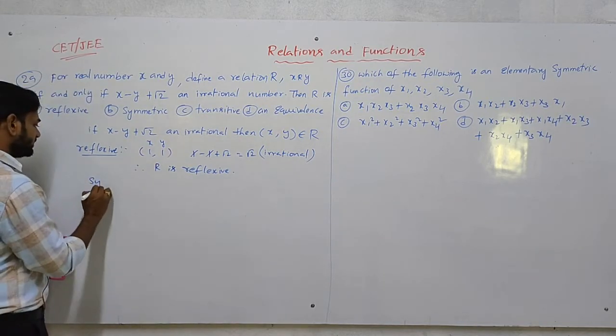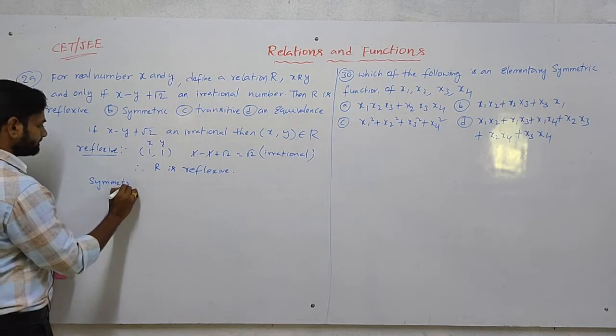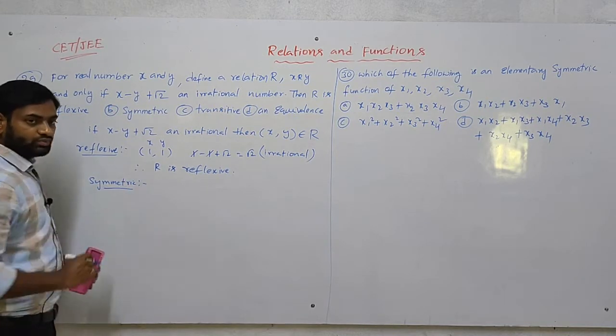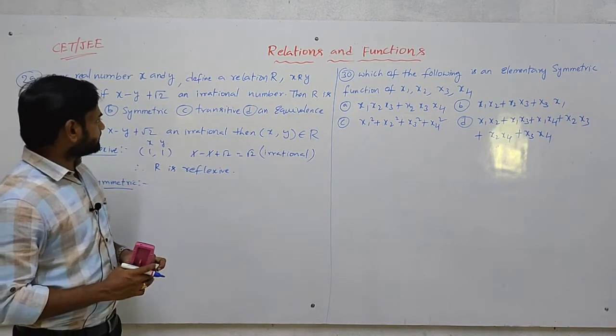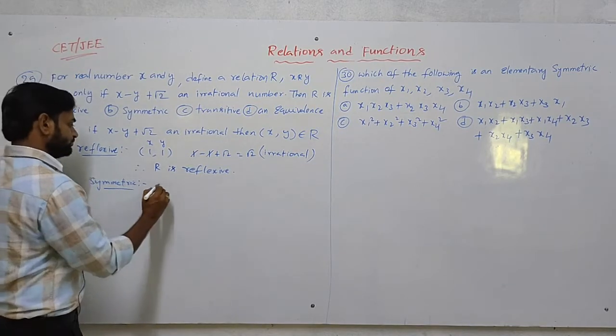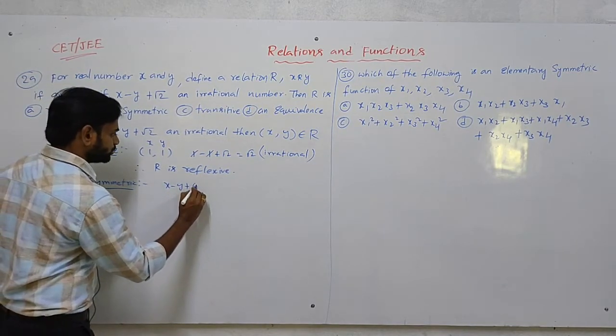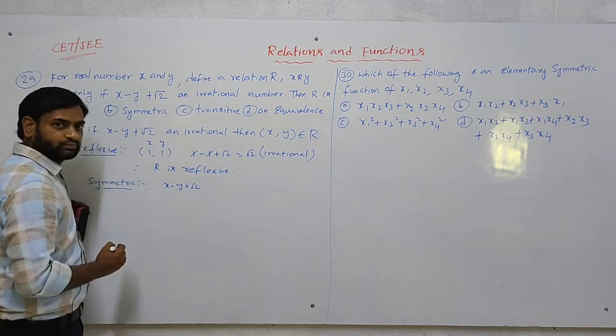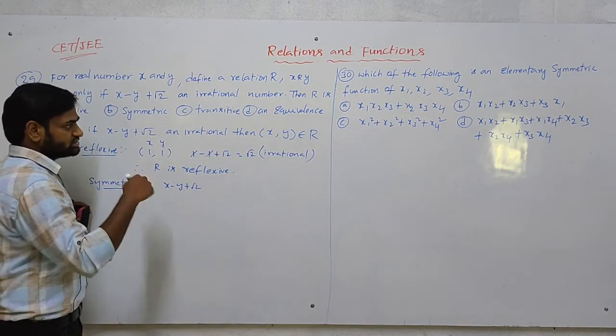Next, what about symmetric? See here, previously I gave x minus y plus root 2 is irrational.